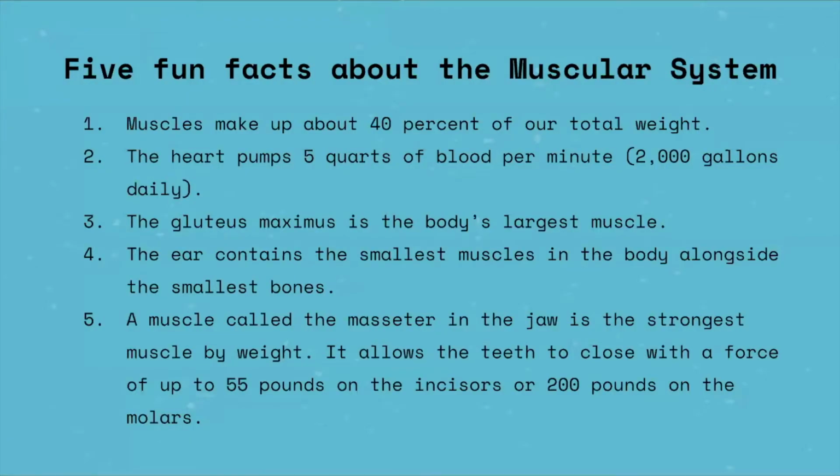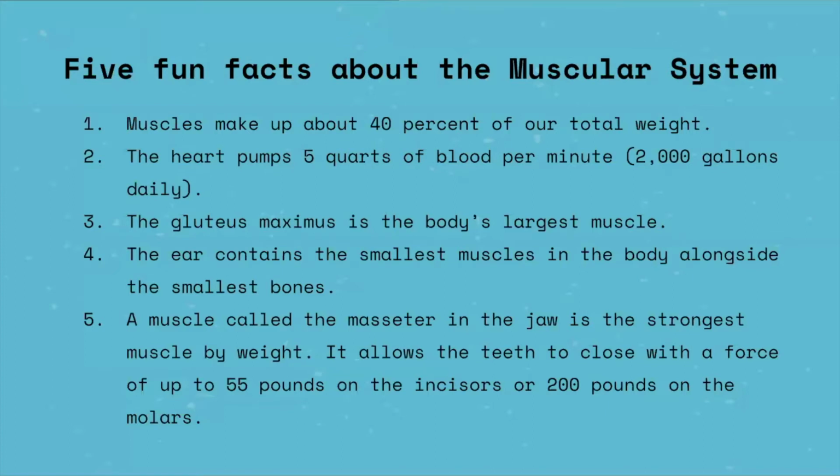Okay. So I wanted to do some fun facts about the muscular system because honestly, every single system is just fun and amazing to learn about. So 40% of our total weight is made up of muscles. What do you think is something else that makes up a lot of our weight? We have fat, we have, what else?